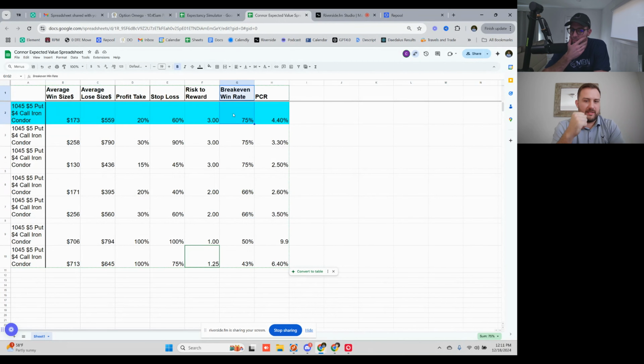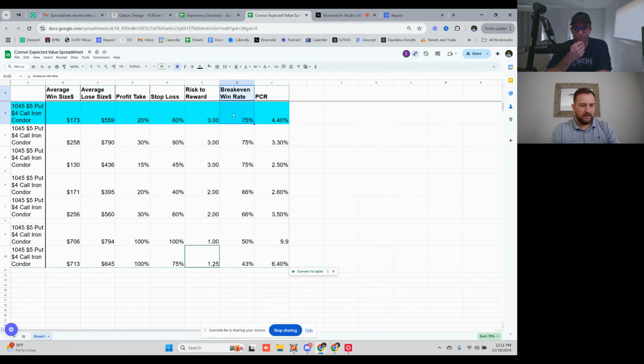As I was plugging these numbers in, I started realizing that you need to do ratios. So I played with the 2-to-1 ratio and the 3-to-1 ratio, and I came to find out that the 3-to-1 ratio and the 1-to-1 ratio, as far as this specific trade, performed the best.